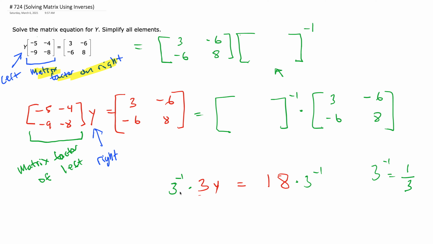So this is really just 1 over 3, and that'll wipe that out. Do you get that? That'll wipe that out, and then over here you'll get your 6.